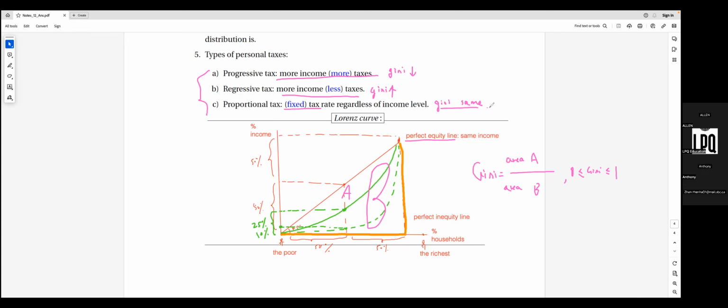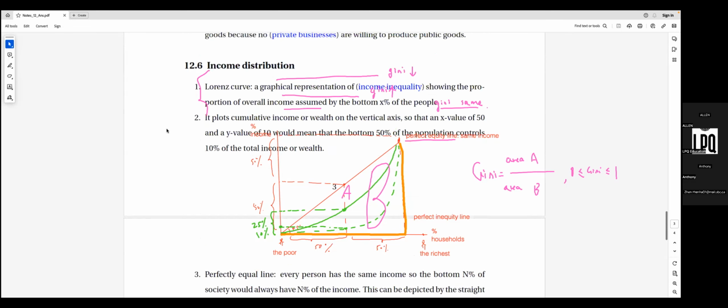You can see which country has the most unequal income distribution, and which country in terms of income gap has a more equal income distribution system. So you can fill all these blanks.